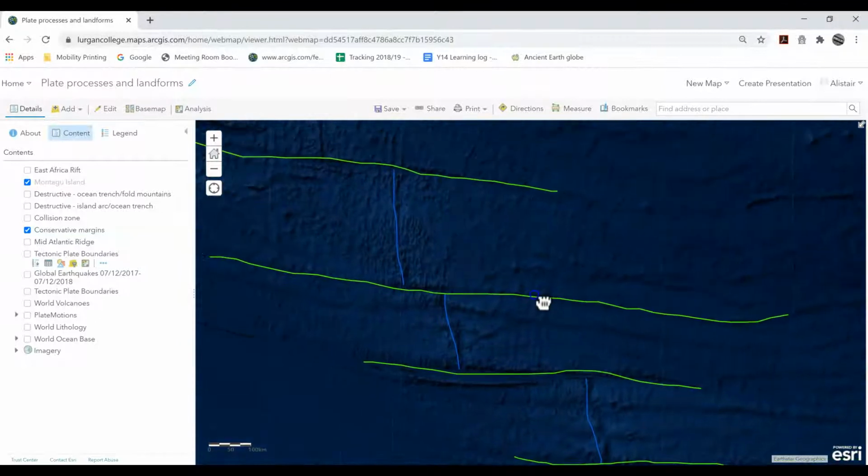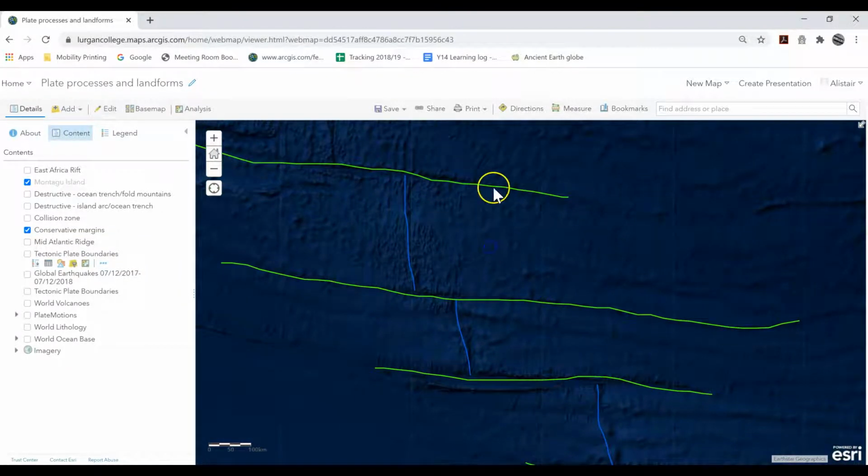So my question to you is to try and figure out what the plate movement is in these kinds of areas here. So you've got the plate moving apart here, so it's moving in that direction here, and that direction here, that direction here, that direction here. How does that movement produce plates moving alongside each other at the conservative plate margin?